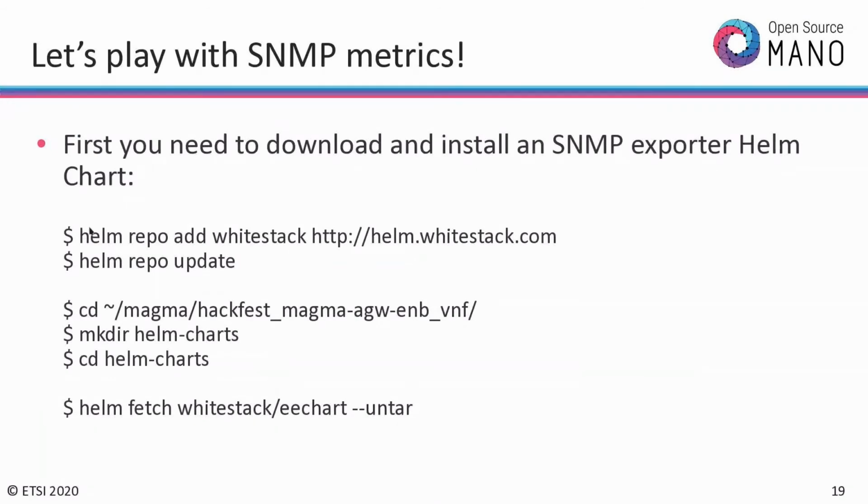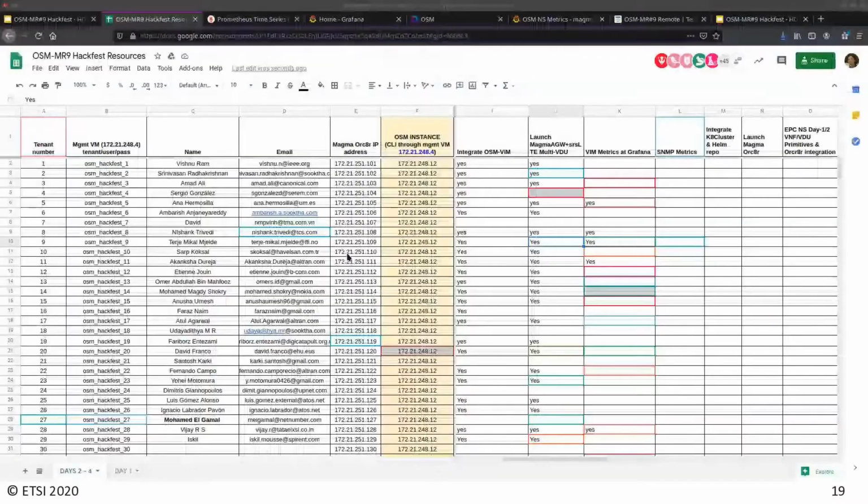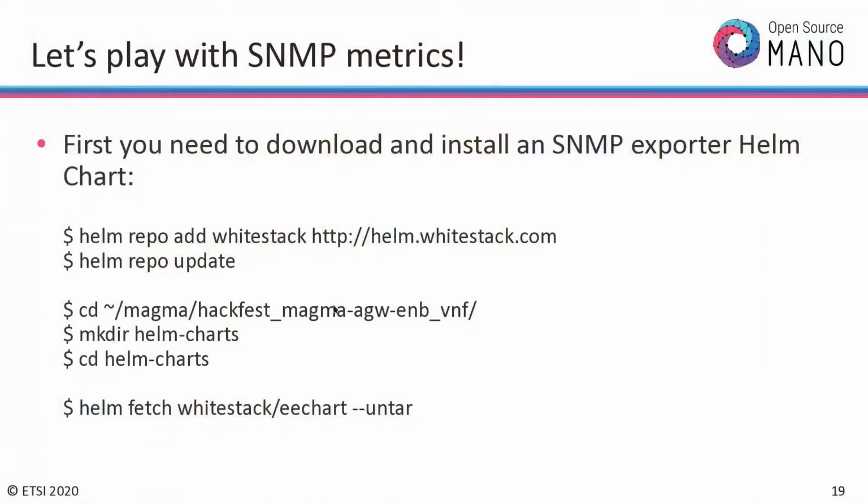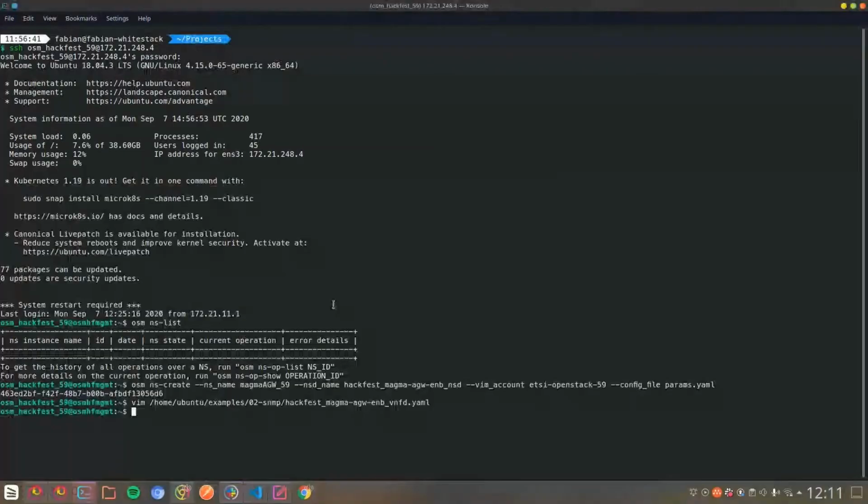So let's go to the terminal and add the repository from Whitestack and update it. So let's go to the CLI. Here we are. Add the repository from Whitestack. So helm repo add.